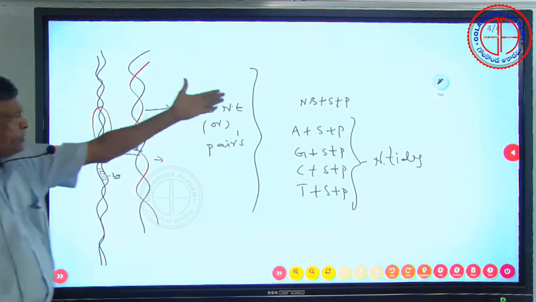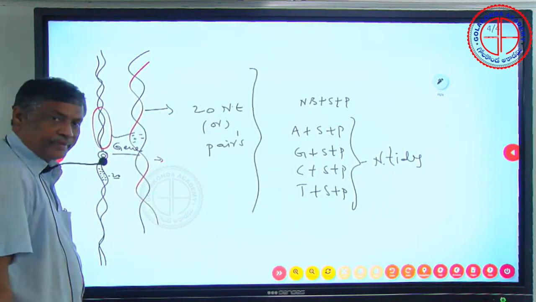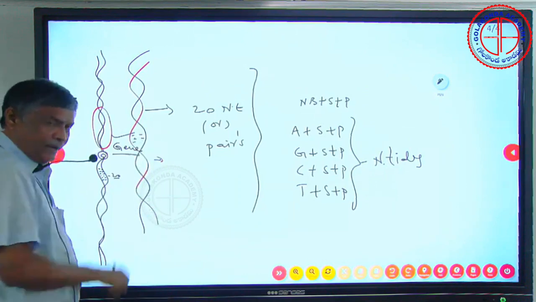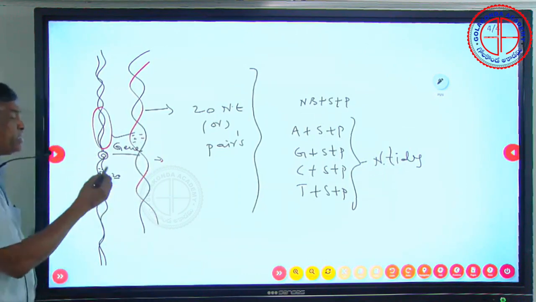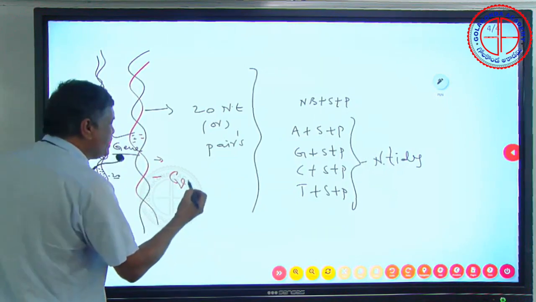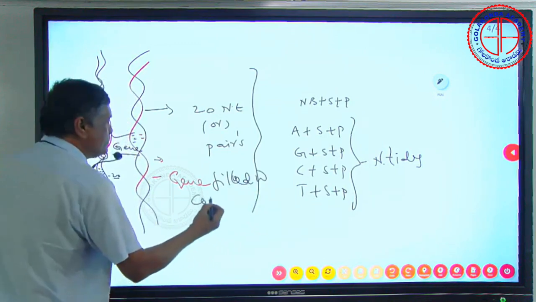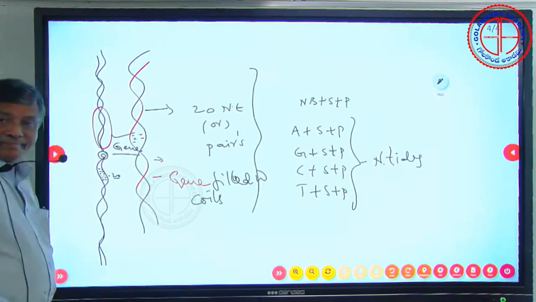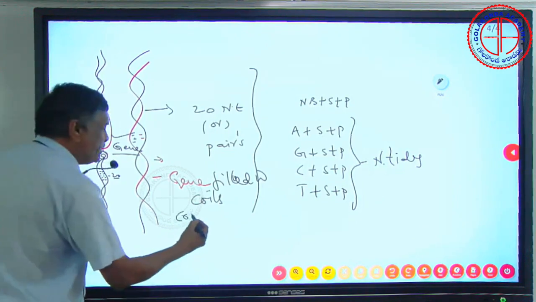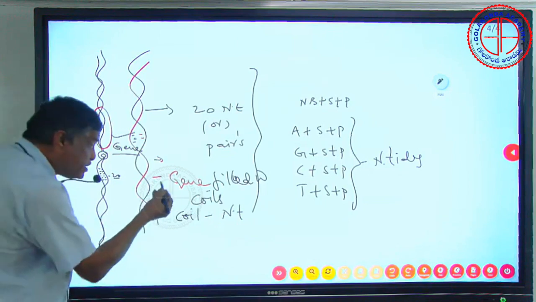But basically, DNA is made up of nucleotides. The nucleotides enclosed in a coil we can also call a gene. A gene is filled with coils, and a coil is filled with nucleotides. Basically, a gene is made up of nucleotides.